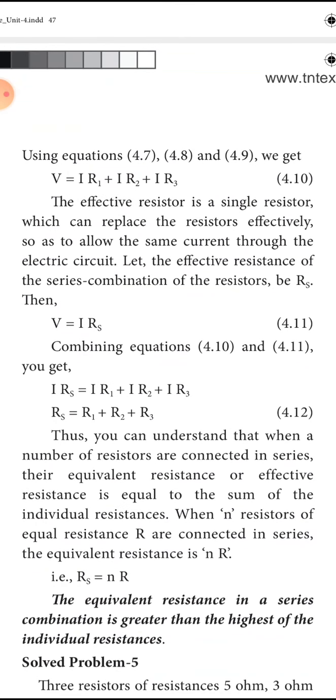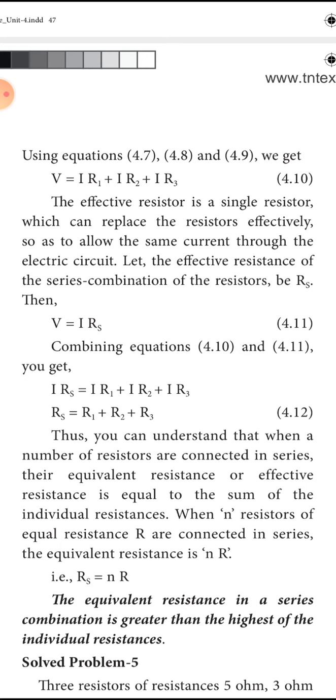Taking I common outside, R1 plus R2 plus R3 will be in the bracket, where V is the effective potential difference and RS is the effective resistance. Replacing R1 plus R2 plus R3, by Ohm's law I will write V as I RS. RS denotes the resistance in series.